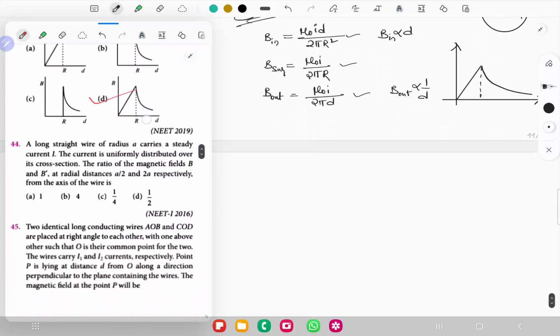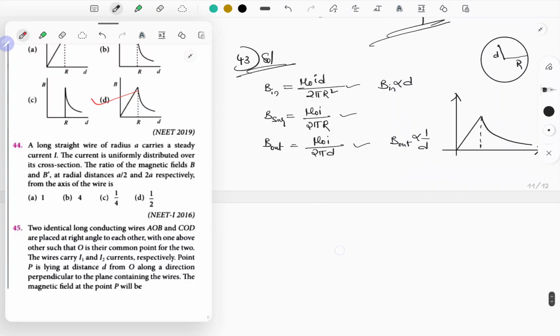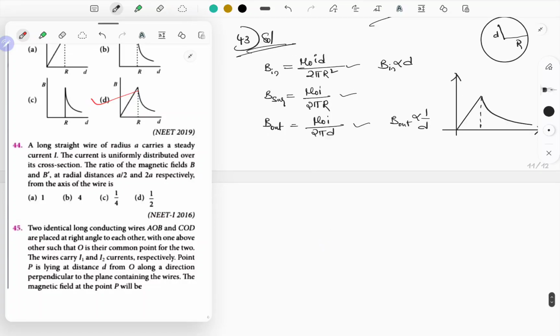Understood? Next, a long straight wire of radius a carries a steady current I. The current is uniformly distributed over its cross section. The ratio of magnetic fields B and B dash at the radial distances a by 2 and 2a respectively from the axis of the wire is?